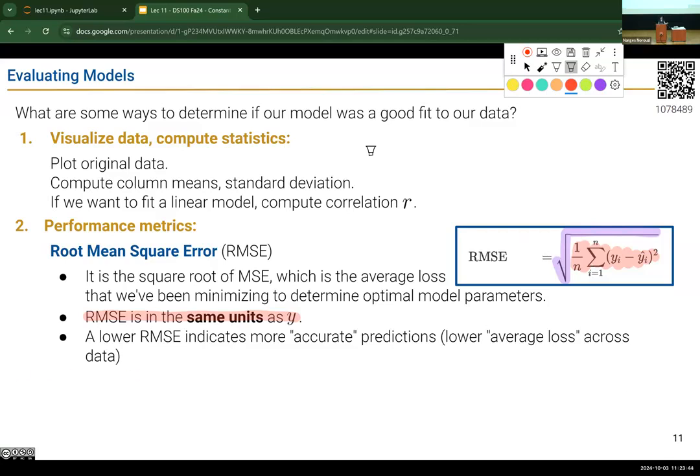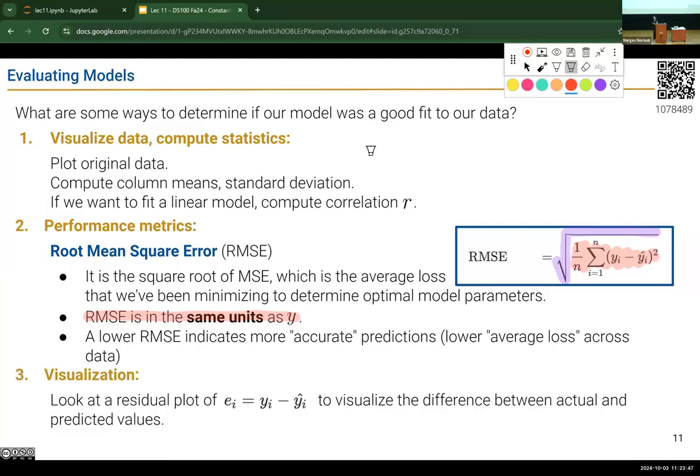And then the last piece that I again mentioned was that we always want to visualize residuals. Remember, residual was calculated using this equation: it's equal to the ground truth value minus the predicted value. Sometimes the residual is positive, sometimes the residual is negative. And what we learned from Data 8 is that if we plot the residual plot, we do not want to see any pattern.